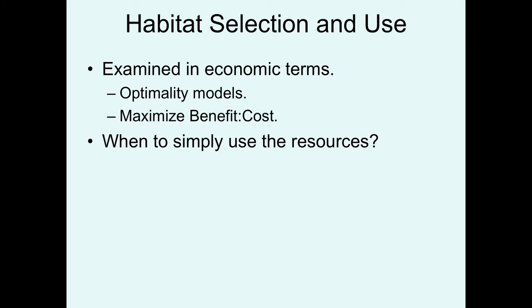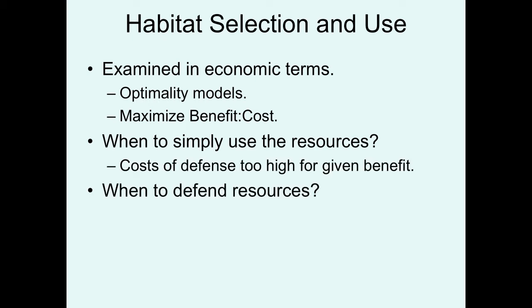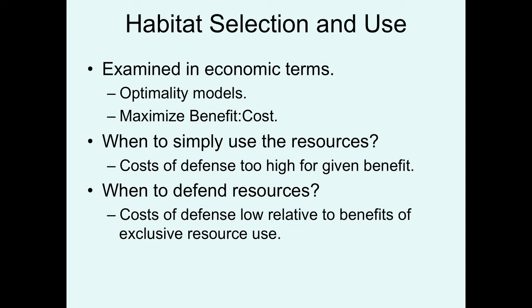In some cases, it may be to the advantage of individuals to simply use resources. The resource may not be valuable enough to defend, and the cost of defense could be too high. In other cases, it may be important to defend the resource. Cost of defense may be relatively low given the huge benefit of exclusive use of a resource in a territory.